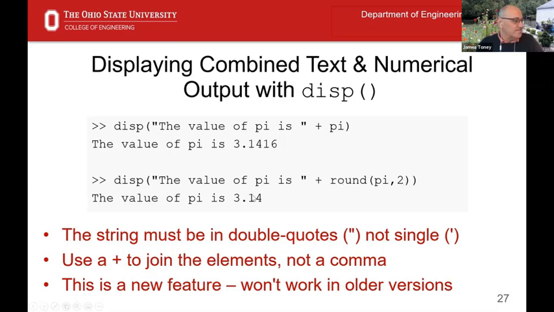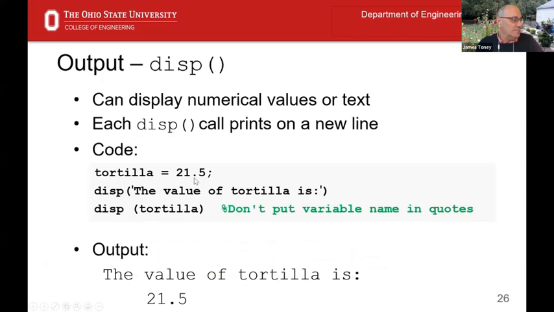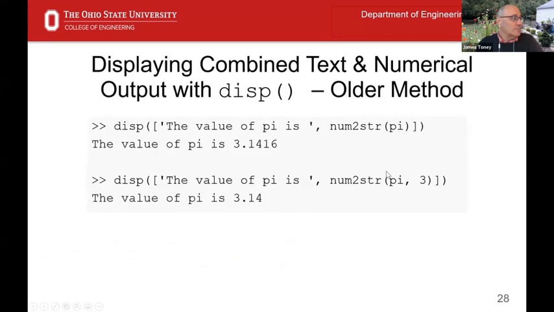All right. But again, this is a recent feature, so if you have an old version of MATLAB, this may not work. So you can go back to doing it this way. Or here's another way you can do it that's a little more cumbersome. You can convert pi to a string yourself using num2str, and then concatenate it here in square brackets.